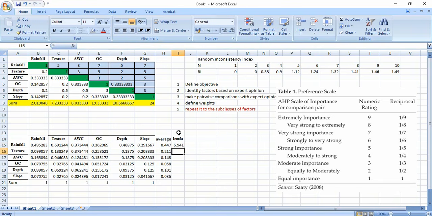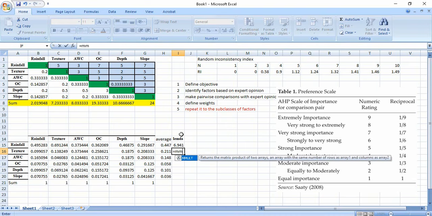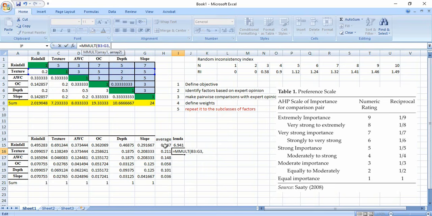Then again we'll go MMULT, matrix multiplication of this array, meaning for texture, then this array, close the bracket, and divide by the weightage for texture.